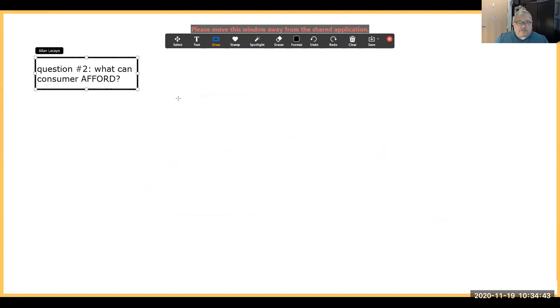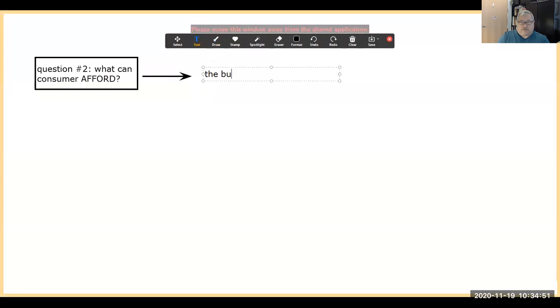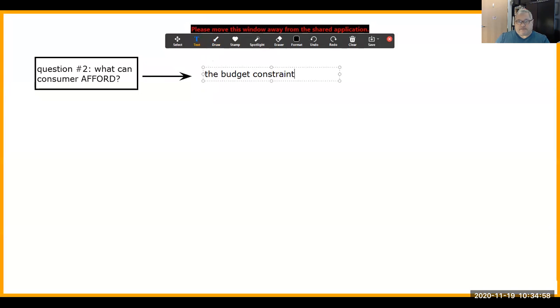And the answer to the second question is not utility, but something that we call the budget constraint. And it's referred to as a constraint because it is a depiction of scarcity, of what it is that we can versus cannot afford about the goods.